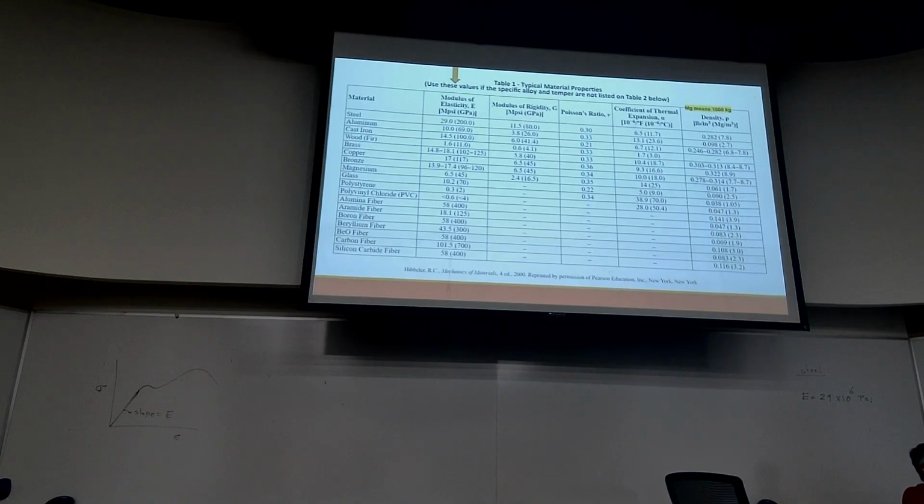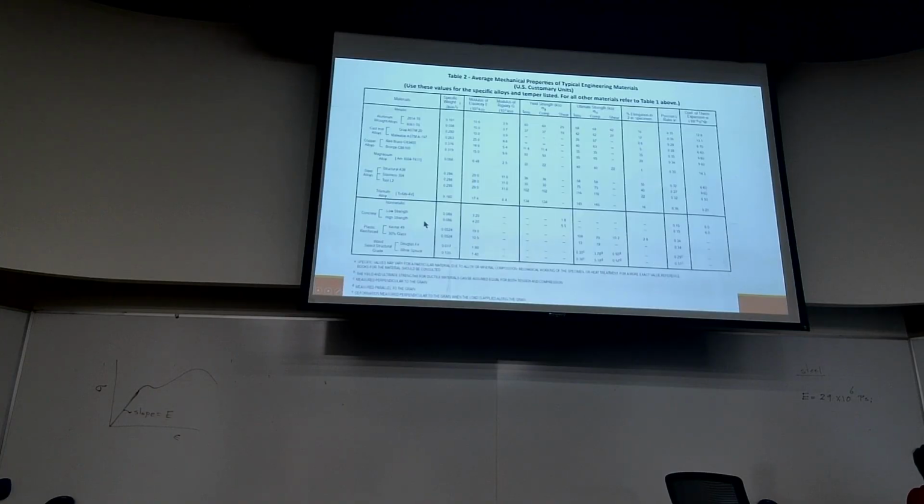Here's a table from a different book. This arrow points to modulus of elasticity E, 29 million psi for 200 gigapascal, which means 10 to the 9th pascal. These are for steel, and you have it for some other materials here.